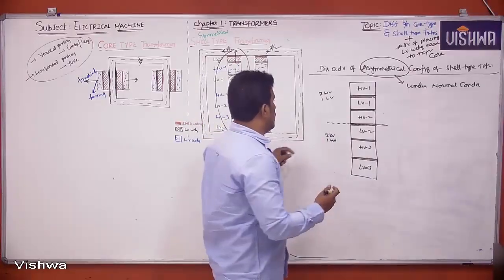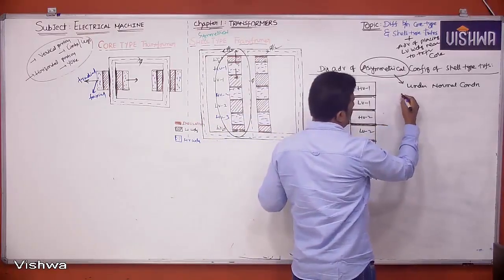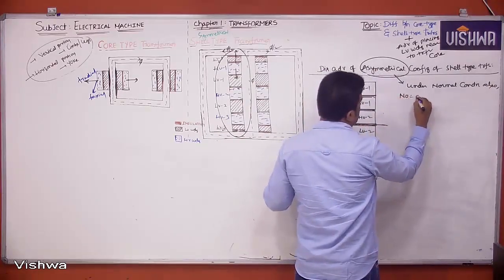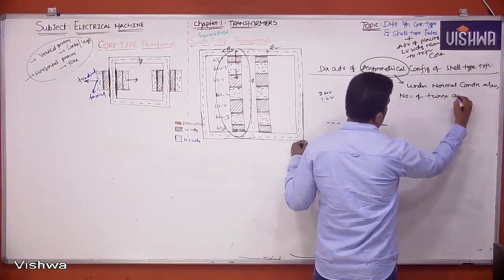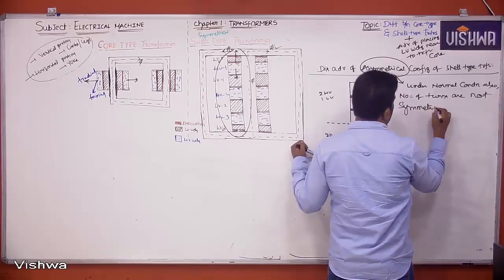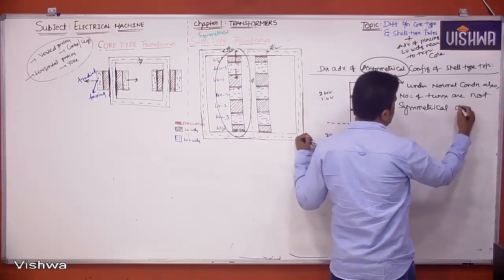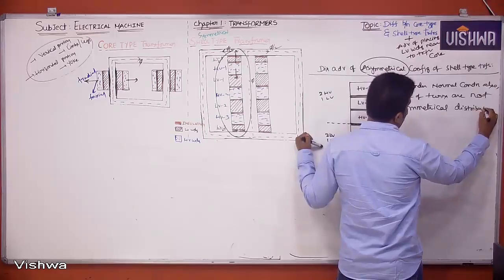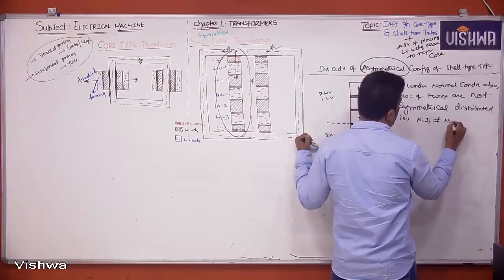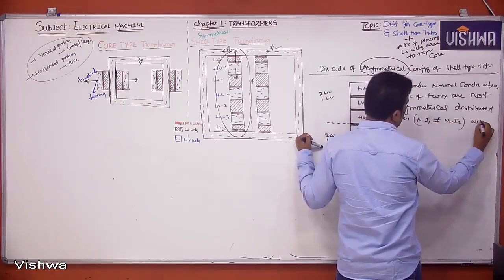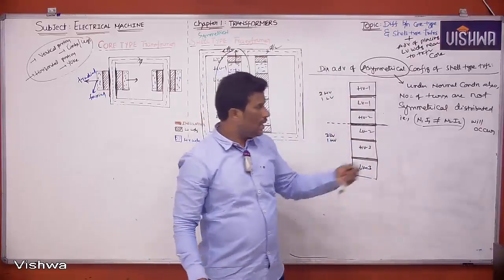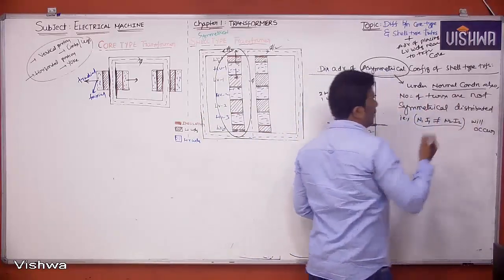So I can write here, under normal condition also, number of turns are not symmetrically distributed. That is, N1I1 not equal to N2I2 will occur. Generally, I told you this will occur under abnormal condition, but here under normal condition also this is happening.